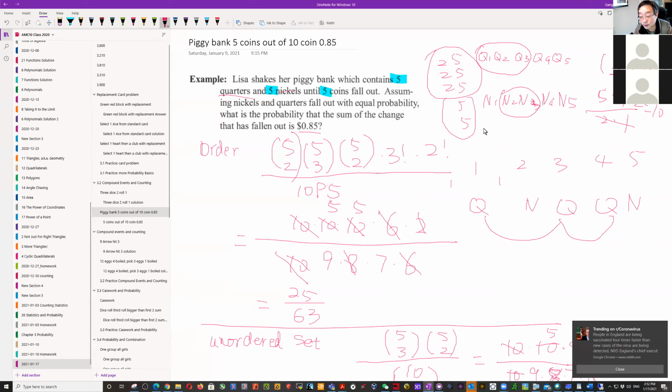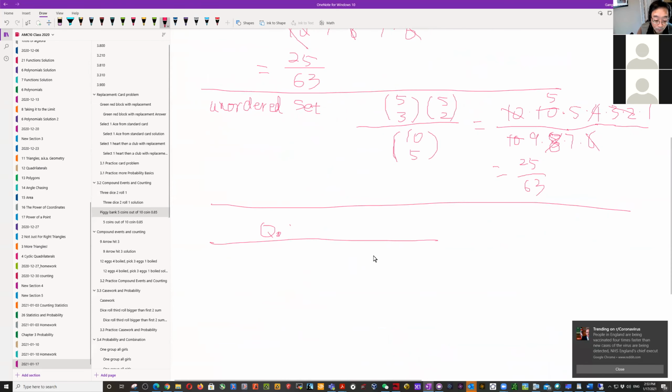And you usually have to treat them as different. For most cases, you always have to treat them differently in order to get the right count. So basically, we have 5 positions to choose. So this is 1, 2, 3, 4, 5.